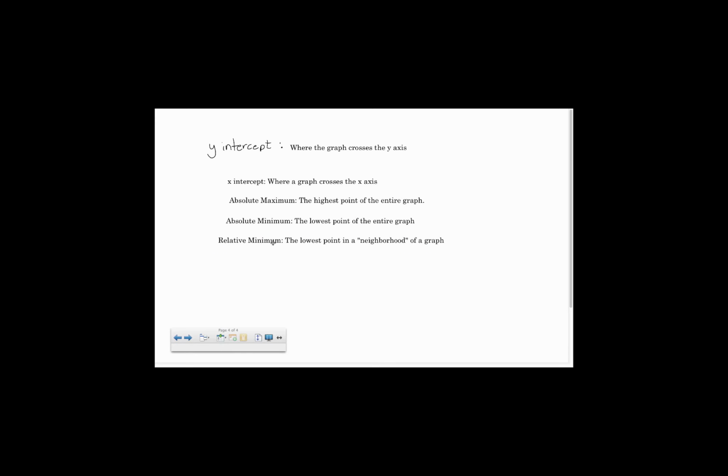And then the relative maximum. It's the same as a relative minimum, except it's the highest point in a neighborhood of a graph.